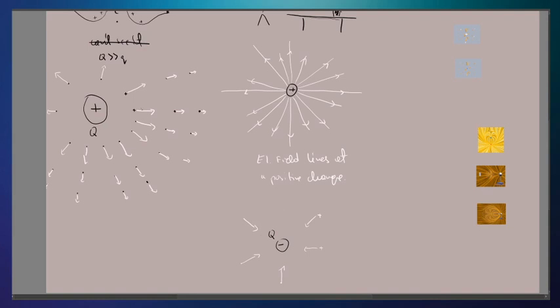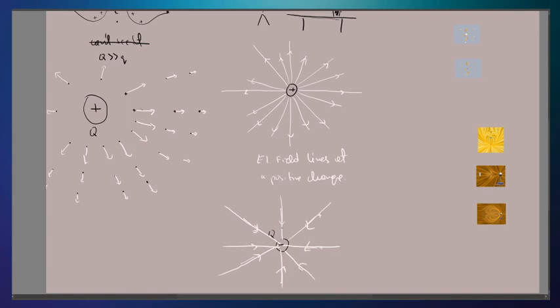So what I get for the negative charge is the opposite effect, in that I'm going to get these field lines that point towards the negative charge. So I'm going to draw them, and I could add more here, and then let's do one more here. Let's preserve some symmetry. And so now what I have is electric field lines of a negative charge.